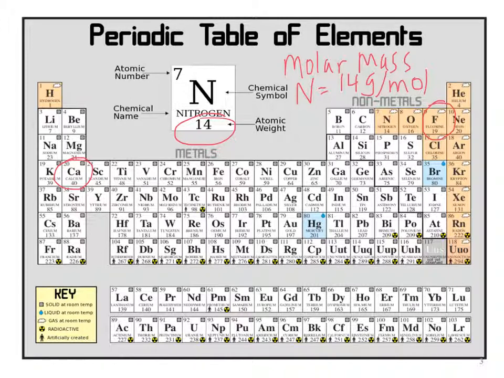Fluorine is 19 grams per mole. Iron, 56 grams per mole. Cesium, 133 grams per mole. So every element has its designated grams per mole unit, and we need to just be very mindful of these units.